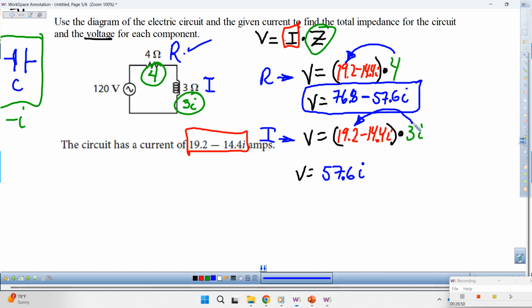All right, next, distribute this one here. 3 times 14.4, it's a negative, is 43.2. And I times I is I squared. Am I done? No, remind your neighbor, why am I not done?